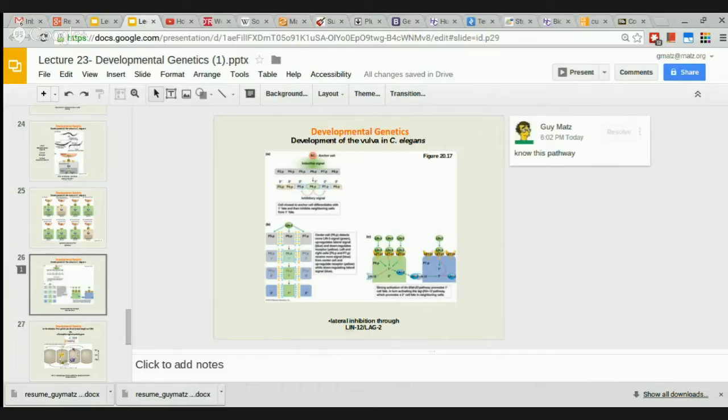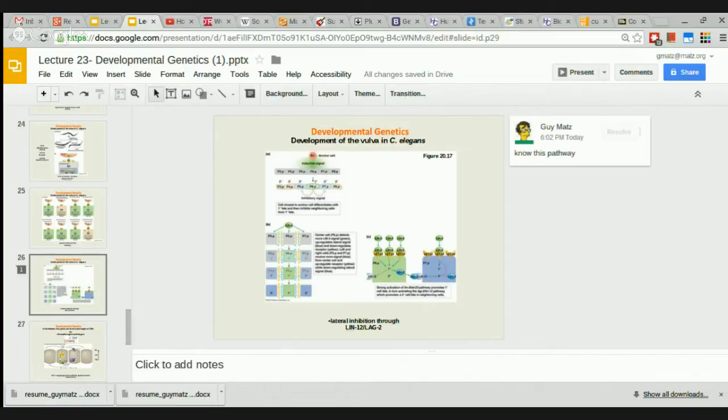Any questions? Yeah. So before the induction happens, Lin12 is present on all of those cells, right? I have to think about that. Earlier in this developmental pathway, is Lin12 expressed in these cells? You're thinking if it's not repressed in P6P, that means it's actually highly expressed or could be expressed.